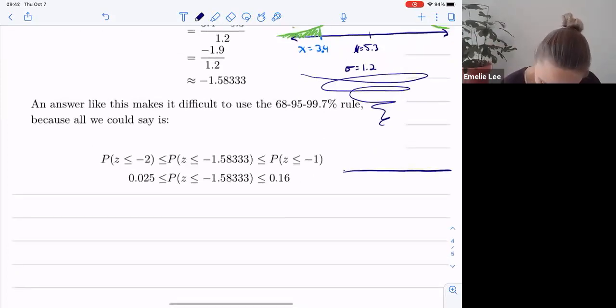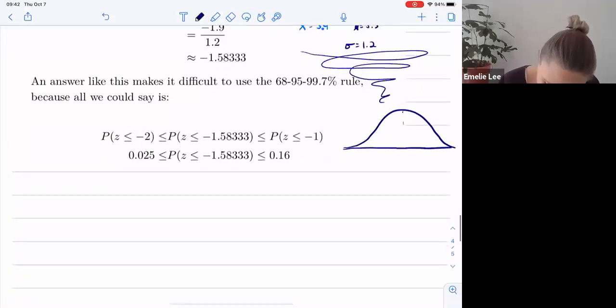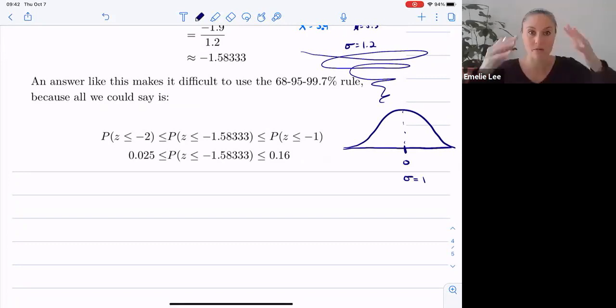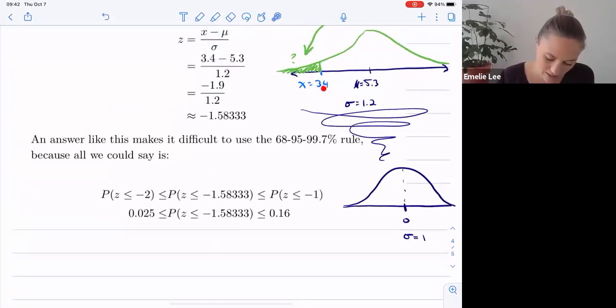Now that mu of 5.3 is going to be standardized to 0, so all of a sudden it's centered on 0. Sigma is 1, because I've standardized it. And this X, this 3.4, on a standard normal curve, is at negative 1.583.